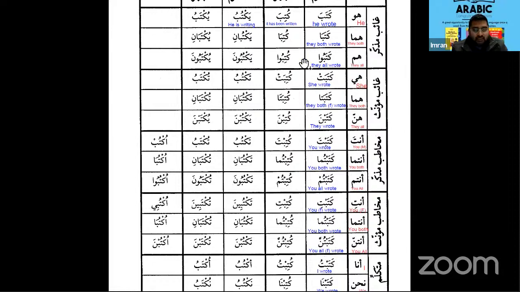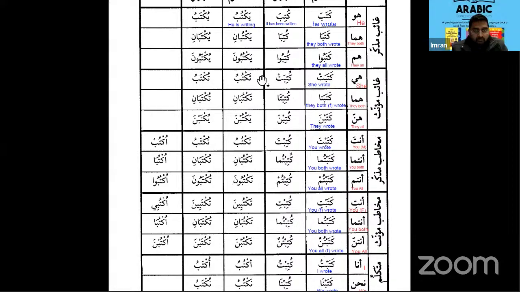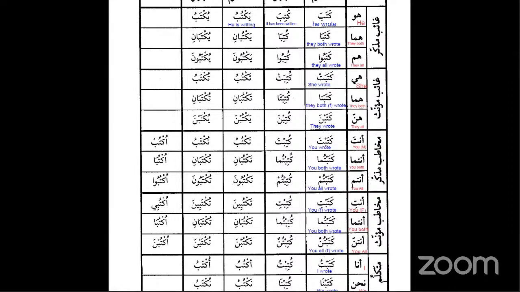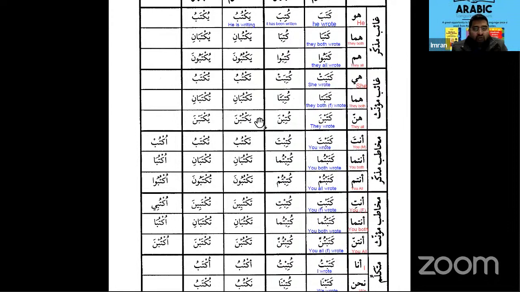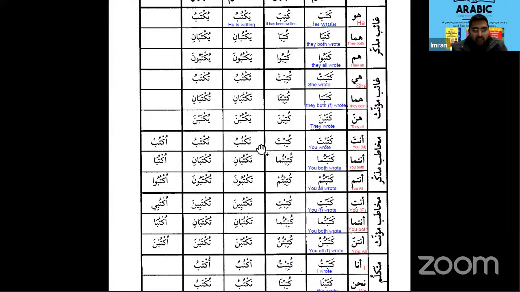How do you say he is writing? Huwa yaktubu. How do you say she is writing? Hiya taktubu. How do you say they all boys are writing? Hum yaktubuna. Excellent. How do you say they all females are writing? Hunna yaktubna. How do you say you one male is writing?